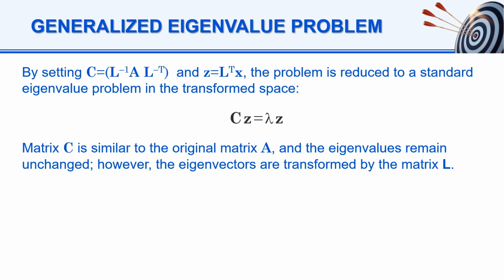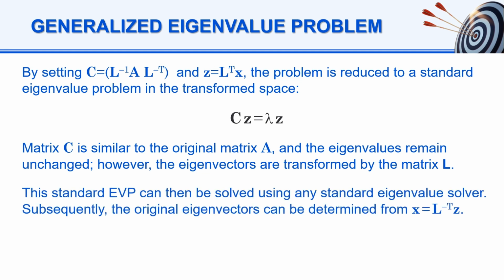However, the eigenvectors are transformed by the matrix L. This standard eigenvalue problem can then be solved using any standard eigenvalue solver. Subsequently, the original eigenvectors can be determined from X equals transpose of inverse L times Z.